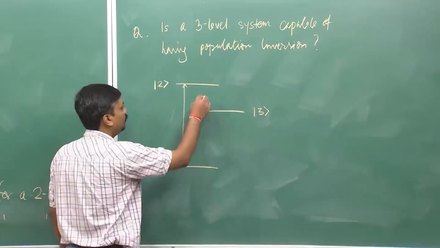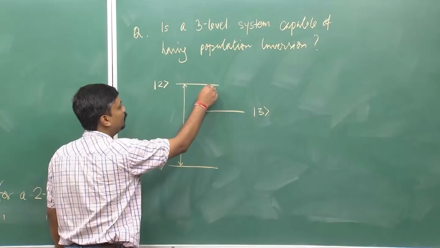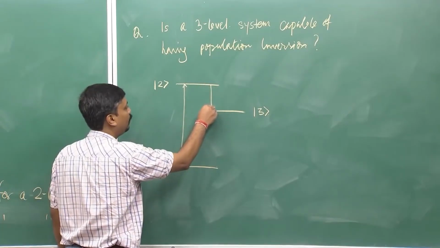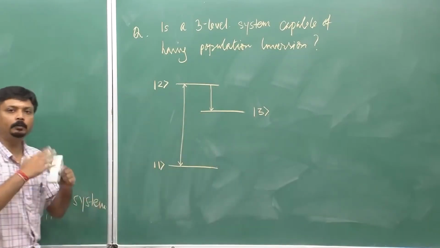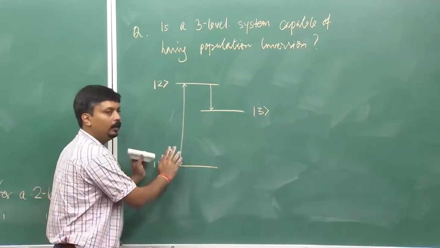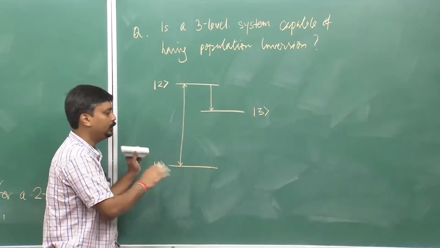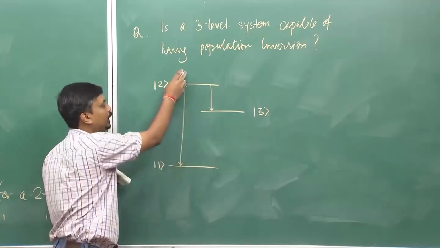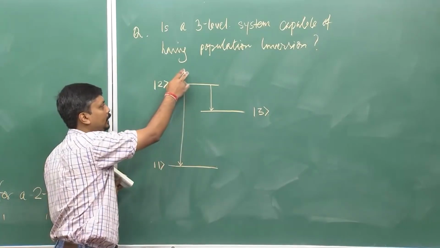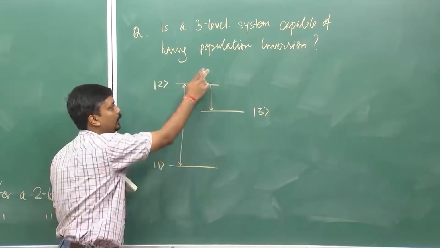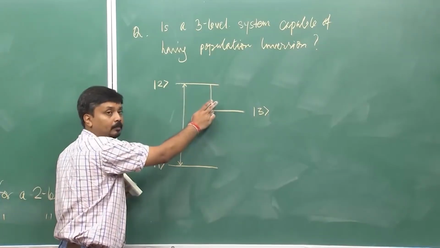Now, between these levels, what can I have? I am going sequentially. I hit the system with light, the molecule goes here. At that condition either it can come down here or it can come down to state 3.